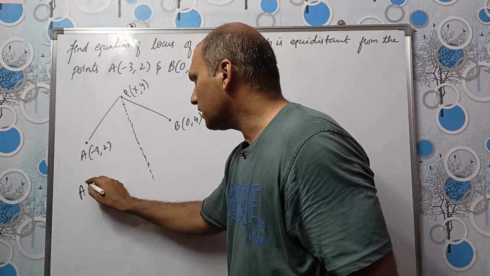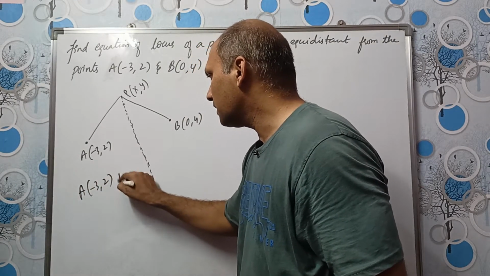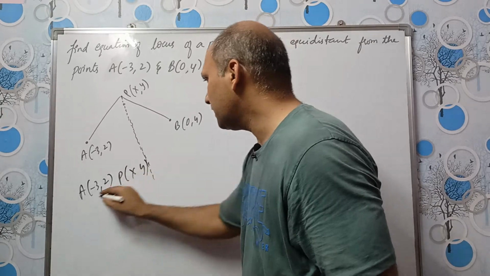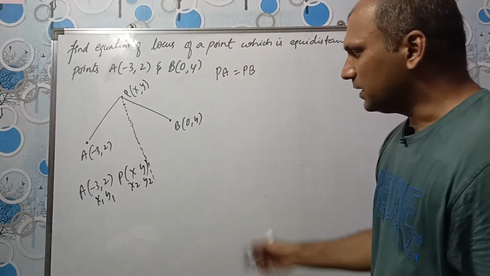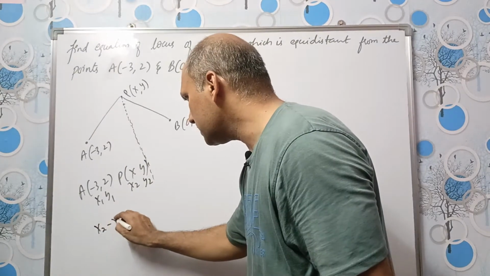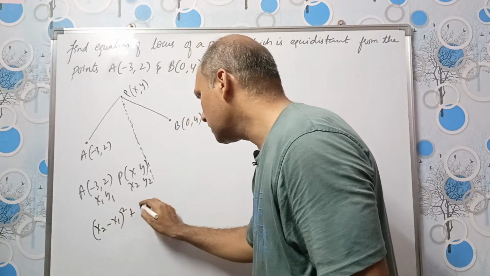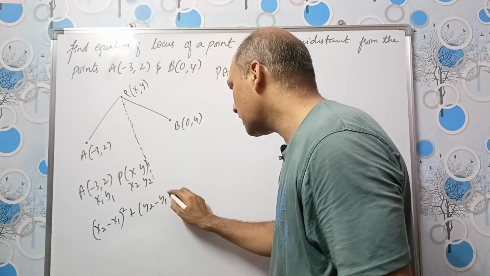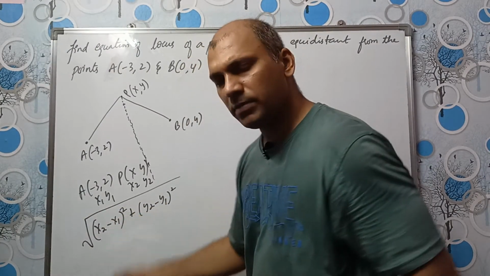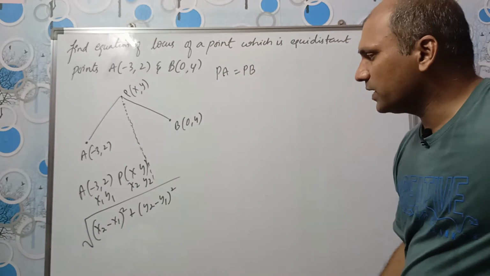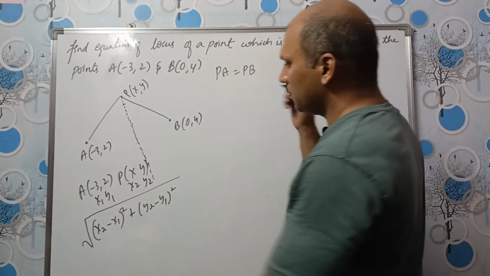Let us take A and B first. Let this be x1, y1, and let this be x2, y2. The distance between two points formula is the square root of x2 minus x1 whole square plus y2 minus y1 whole square, or you can write x1 minus x2 whole square plus y1 minus y2 whole square also. It is the same.